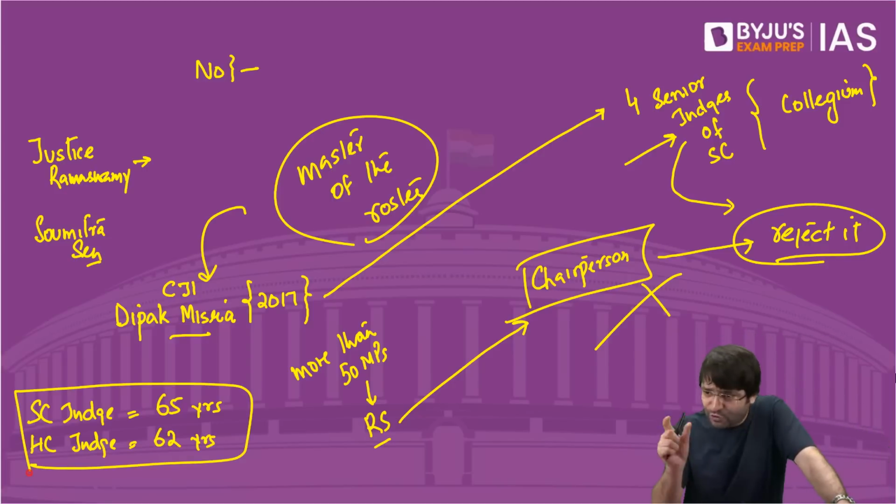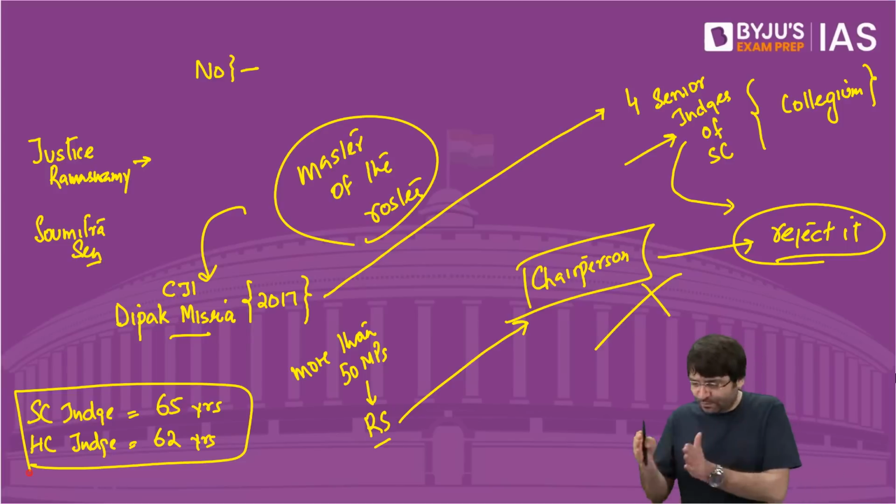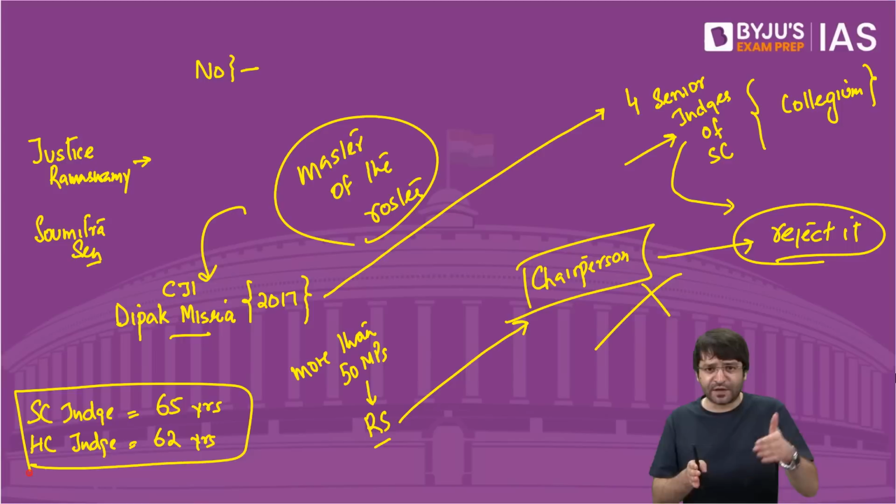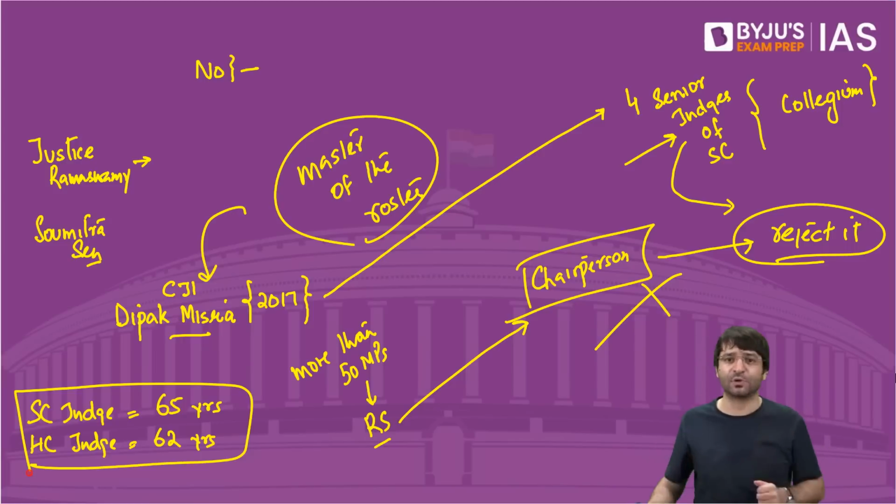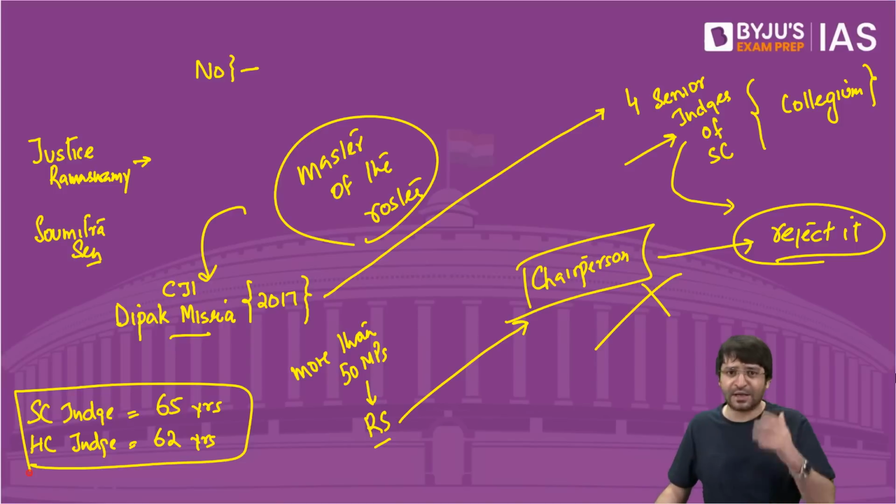But even before you complete your tenure, even before you retire, you can be removed. Who can remove you? The President, on the basis of a statutory resolution passed by both houses of Parliament separately by special majority. On what grounds? Misbehavior and incapacity.